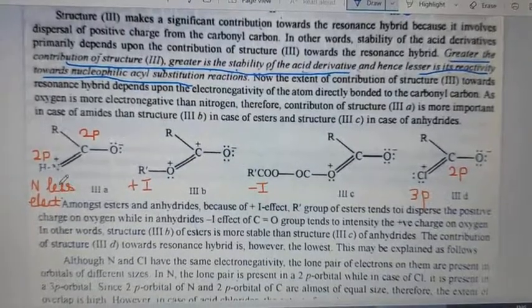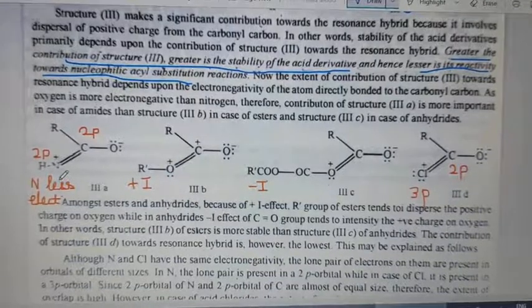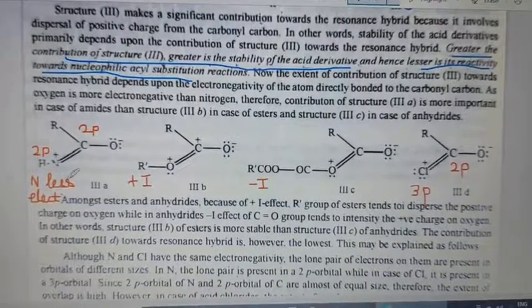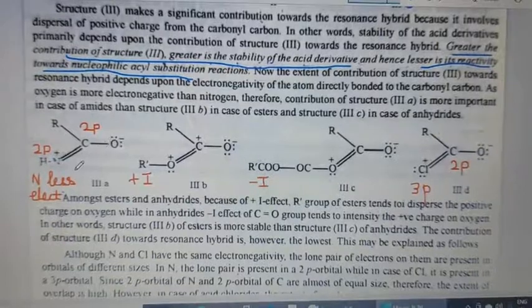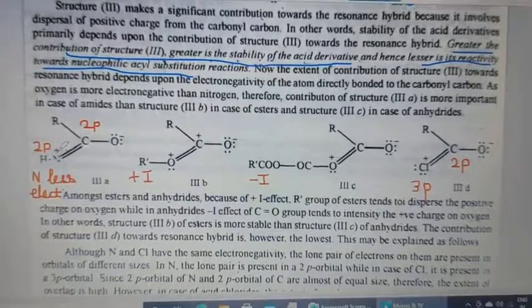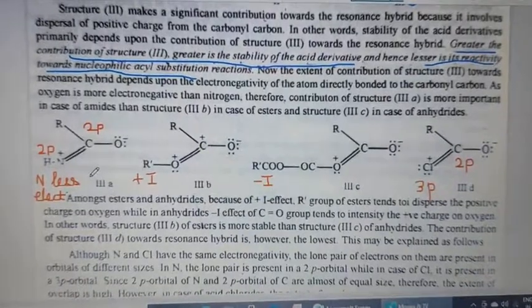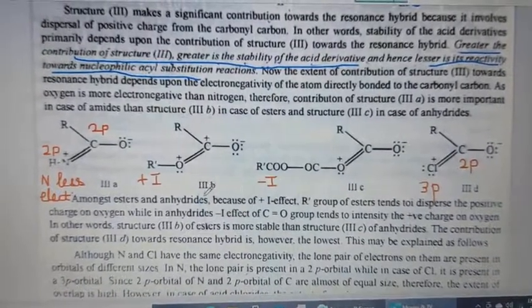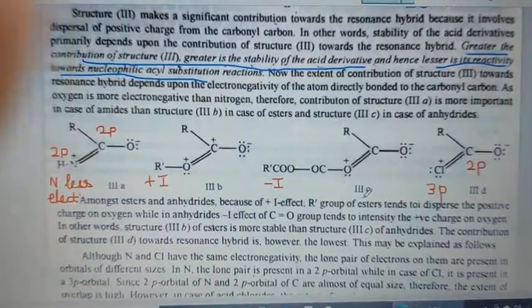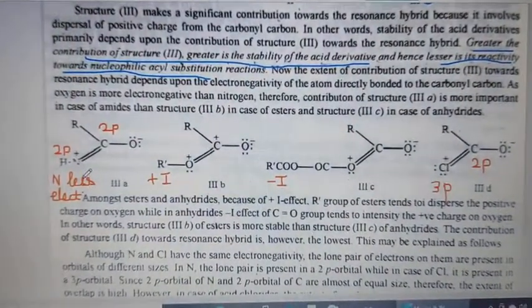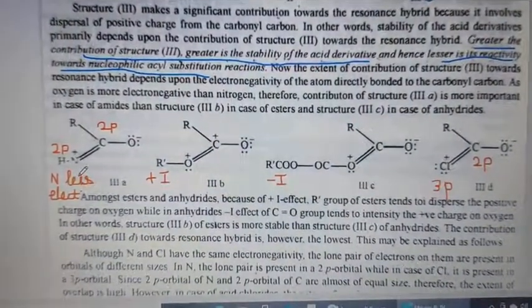So it can easily donate its lone pair toward the contribution of this resonance structure. So structure 3A is more stable as compared to 3B and 3C because of the lower electronegativity of nitrogen as compared to oxygen.